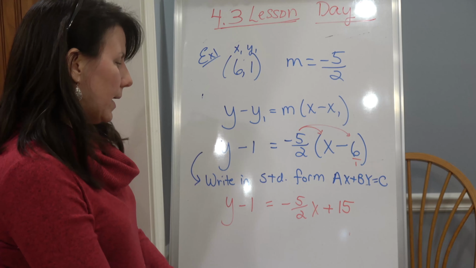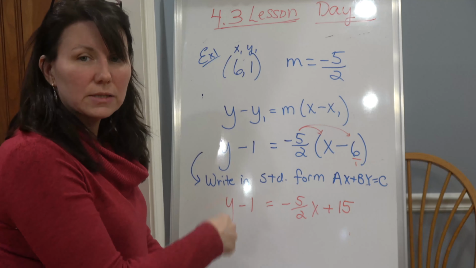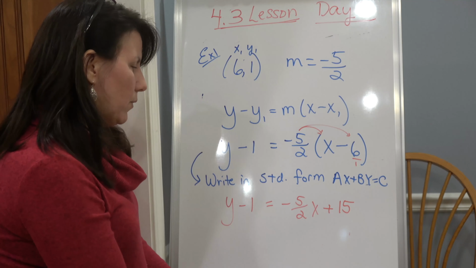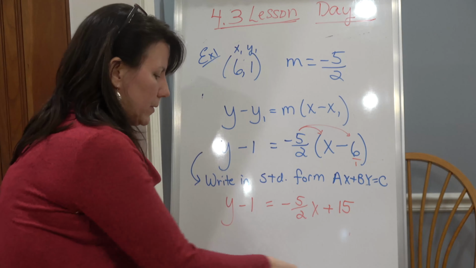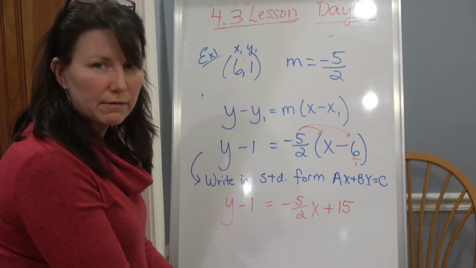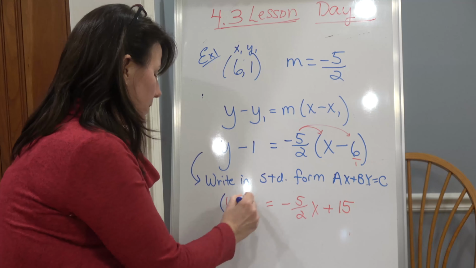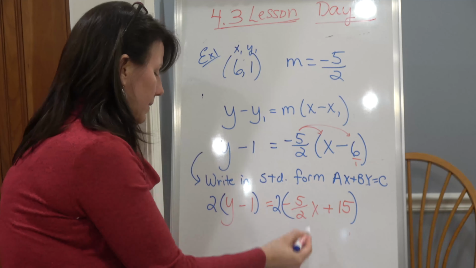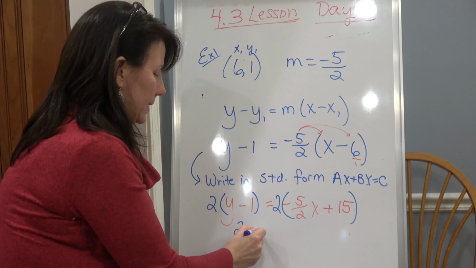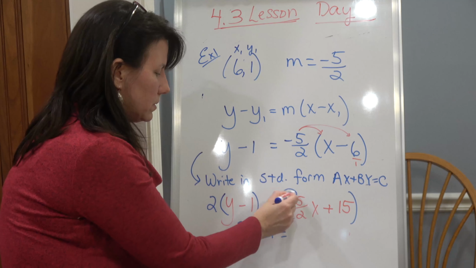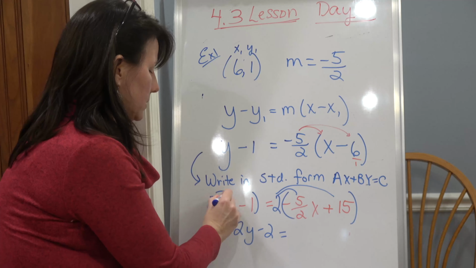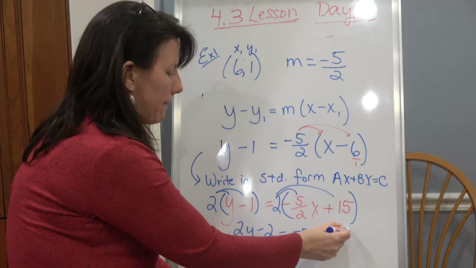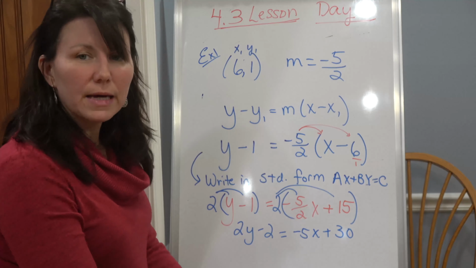So at this point, I really do have a choice. I can bring the x's over to the left side, because I want standard form. Or I could get rid of the fraction, which I think I'm going to do right now, just because I'd rather clear it out now. So I would multiply both sides by 2. 2y minus 2 equals, because I'm distributing, negative 5x plus 30. Now I'm almost there, right?